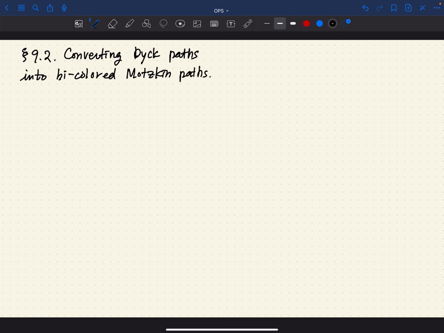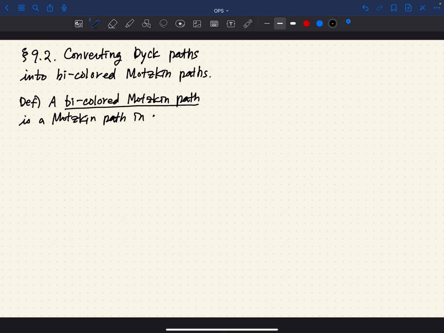Okay, so we need some definitions. A bicolored Motzkin path is a Motzkin path except in which every horizontal step is colored red or blue.